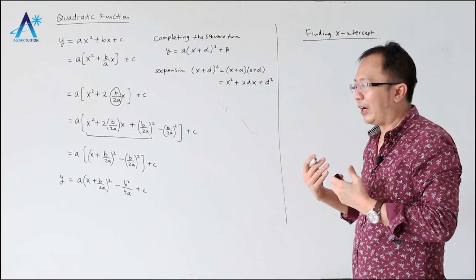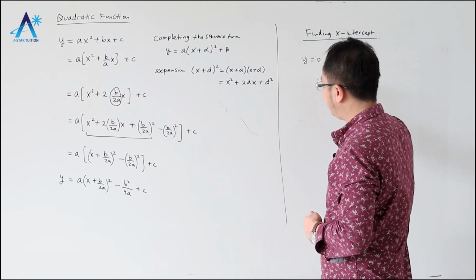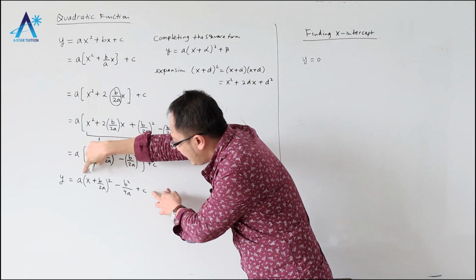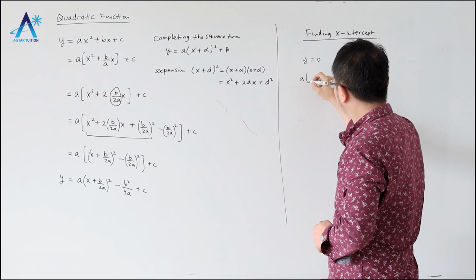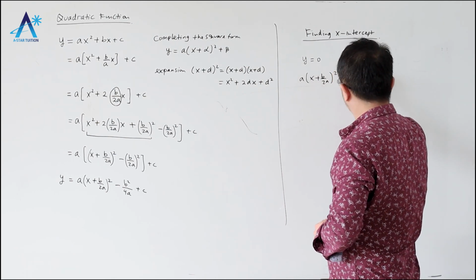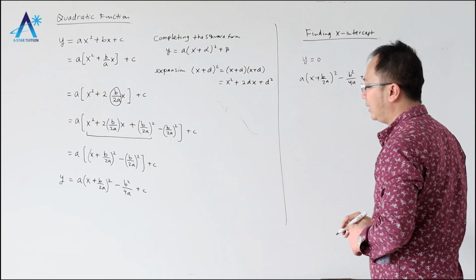X-intercept is defined as the value of x when y is equal to 0. So we're going to equate this to 0. Okay.